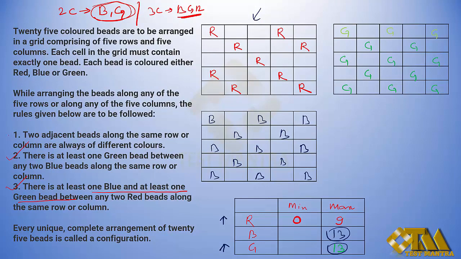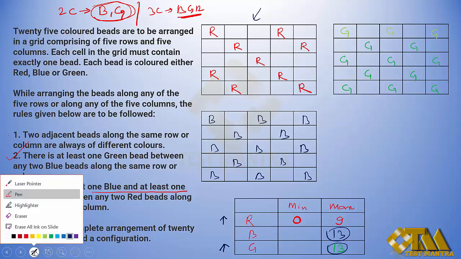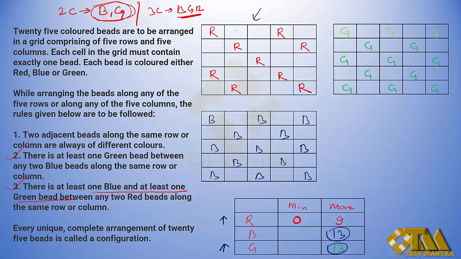I can use greens at these points. Suppose I'm using green here, green here, green here, green here. Similarly, green here, green here, green here, green here. I'll be using greens at these points.